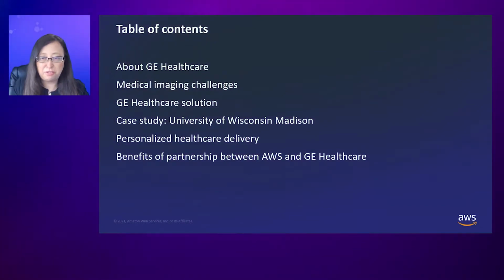Today, we would like to provide an overview on remote protocol management in radiology department. We will cover the following topics in this presentation, starting with who is GE Healthcare, the medical imaging challenges related to protocol management.